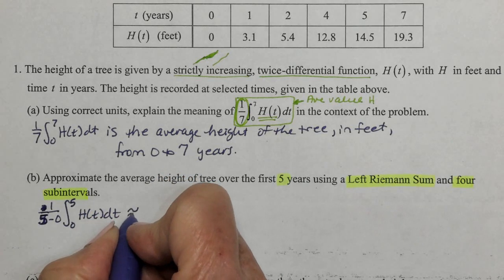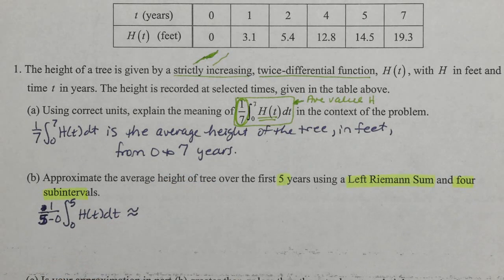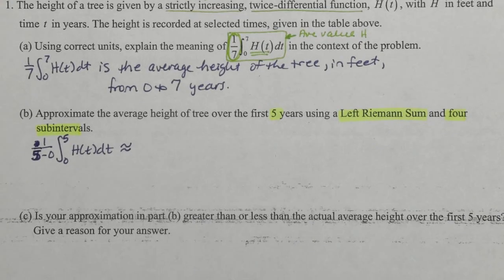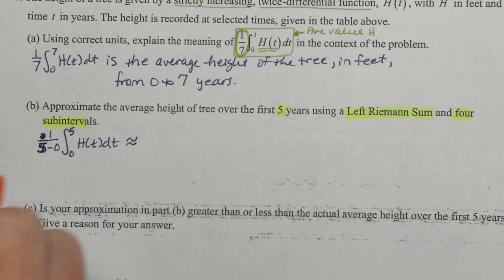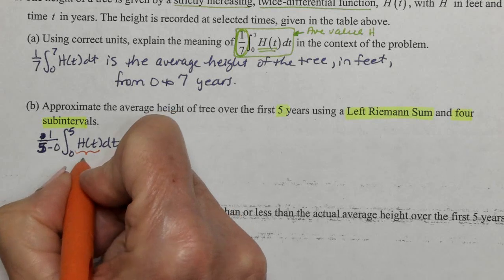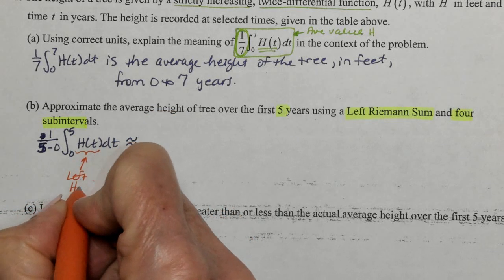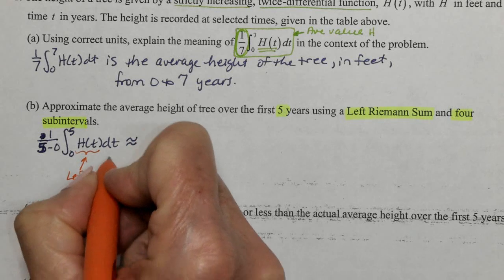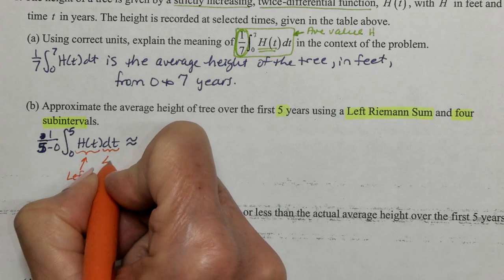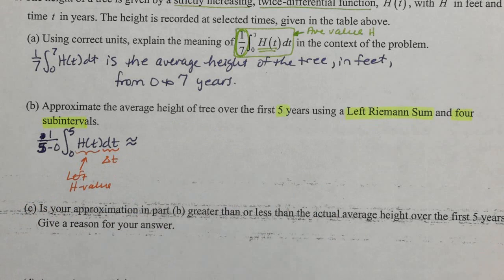And we are approximating this expression using a left Riemann sum. So first of all, left Riemann sum, so we're going to use the left h value each time. And we will multiply that by change in t each time.